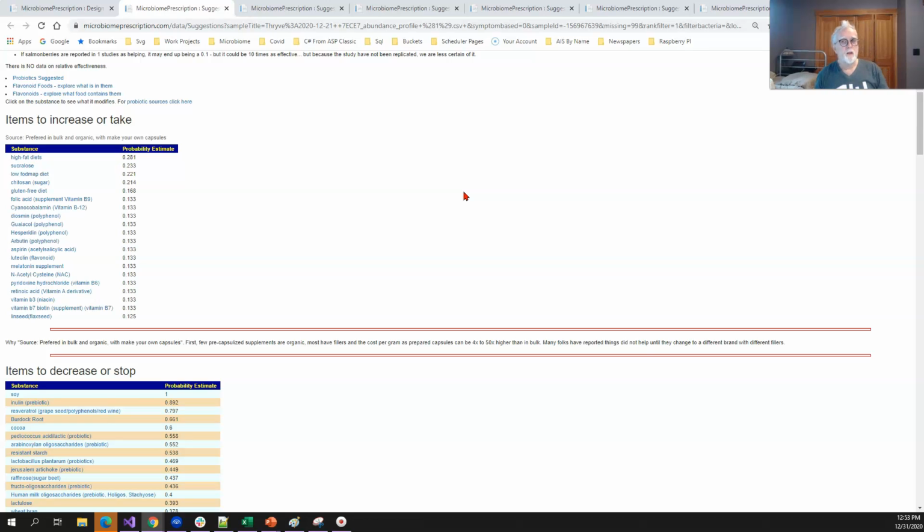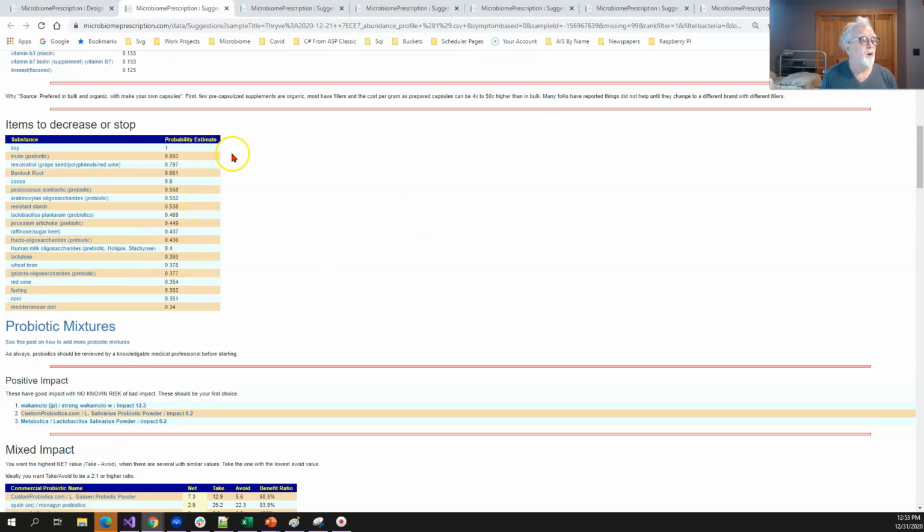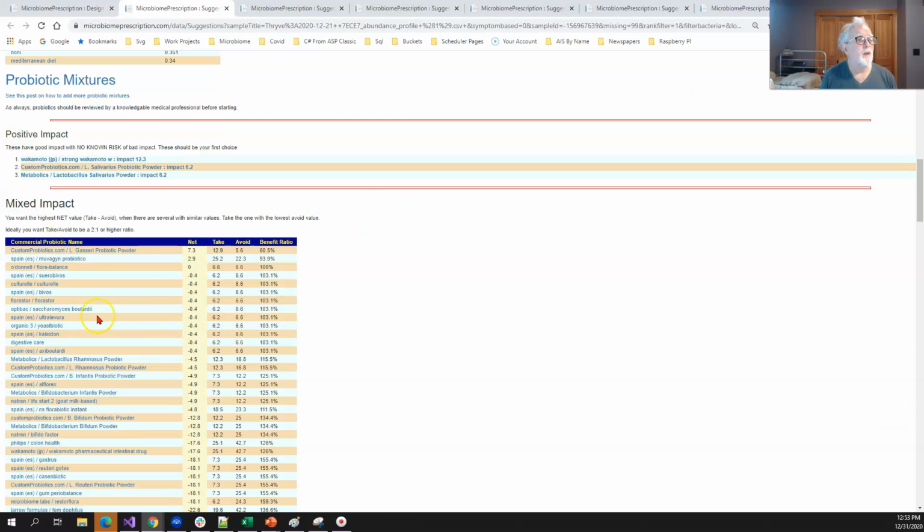So when you have the elephant walk into the room, the elephant takes up a lot of the space. So a lot of these spaces are going to be lactobacillus specific. Soil is something to reduce, iron is something to reduce, and down below we have positive impact, and we actually have one lactobacillus which seems to reduce lactobacillus, or at least doesn't adversely affect it.